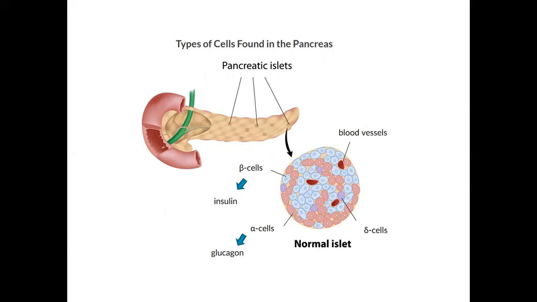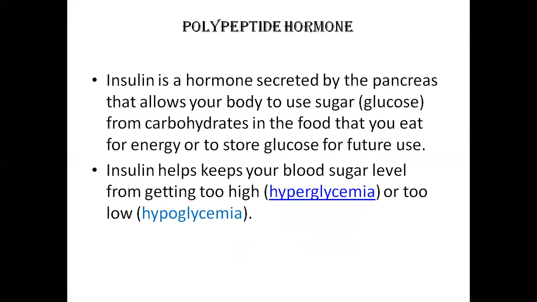The glucagon hormone released by the alpha cells helps in raising the blood glucose level when it is too low. So though they are released by the same organ system, their functions are diversified.